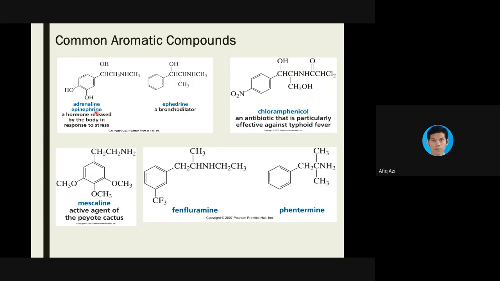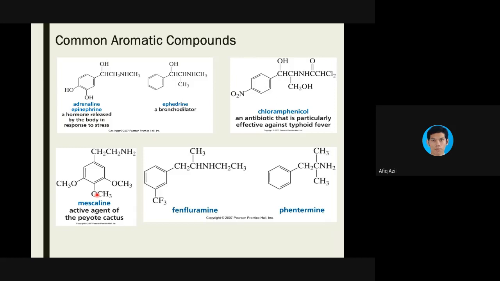Or epinephrine. So this is the structure, and we also have chloramphenicol, which is an antibiotic used to treat typhoid fever. It contains this benzene ring here, making the whole structure aromatic.